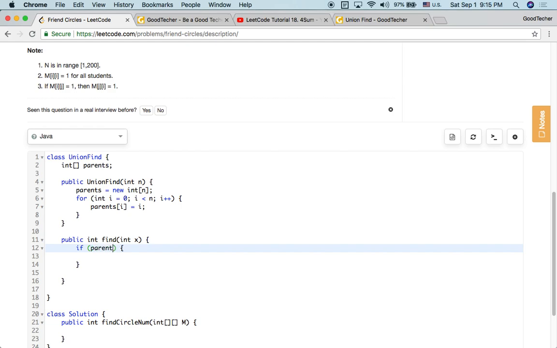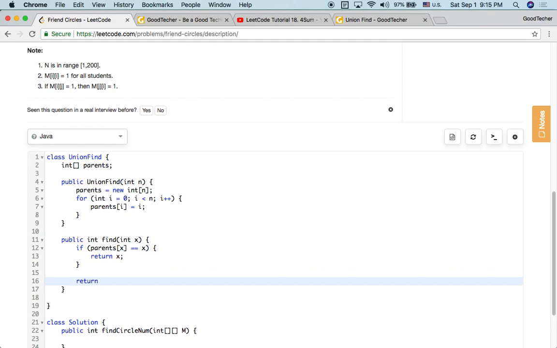If parents[x] is equal to itself, just return itself. Otherwise, we are going to first update this parents[x] value by calling this function recursively.